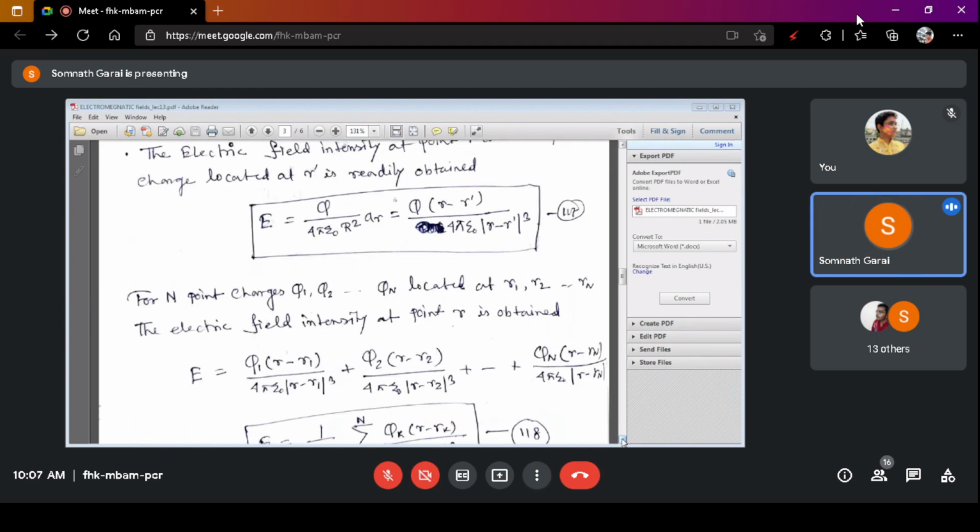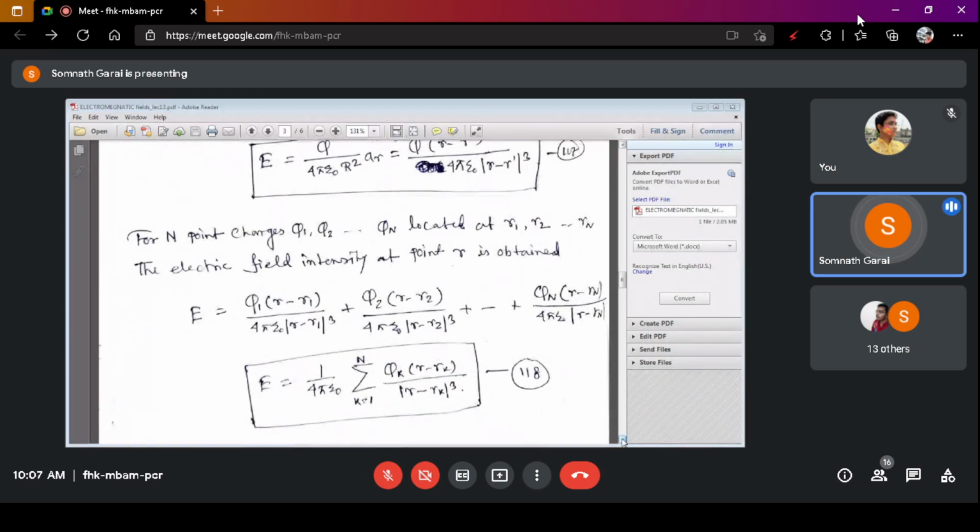Now, if in a field there are n number of point charges, Q1, Q2, Q3, Q4, dot dot dot Qn, whose vector locations are small r1, small r2, small r3, dot dot dot small rn, then we calculate the electric field intensity at a point whose position vector is r.